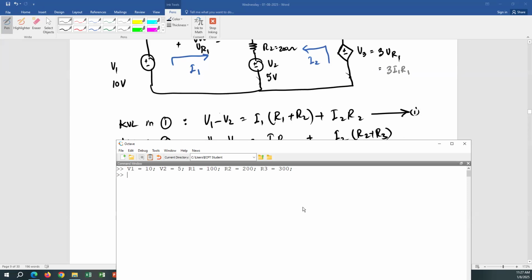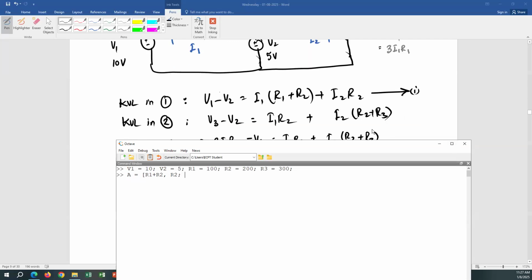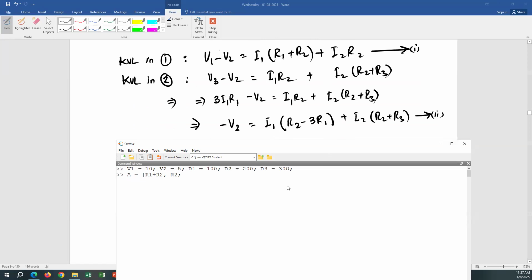Now let's determine our coefficient matrix. From the first equation, the coefficient of I1 is R1 plus R2, and the coefficient of I2 is R2. From the second equation, the coefficient of I1 is R2 minus 3 times R1, and the coefficient of I2 is R2 plus R3.